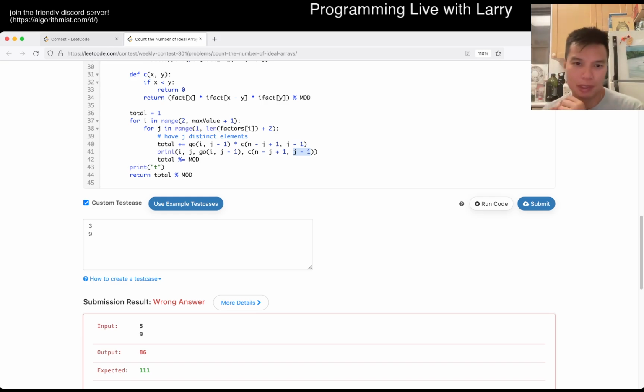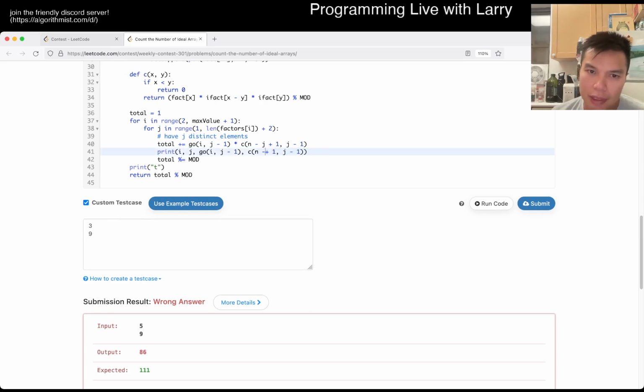Okay, maybe I'm just really wrong on this one. But okay, basically the idea is that, yeah, maybe why am I so weird on this one?